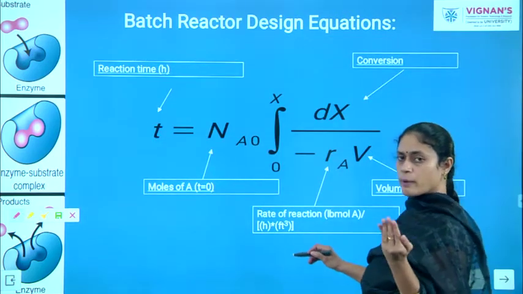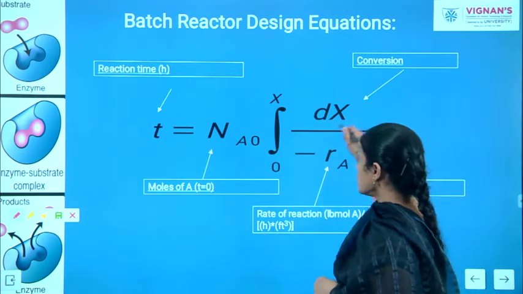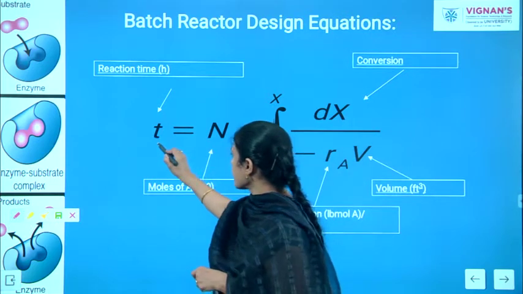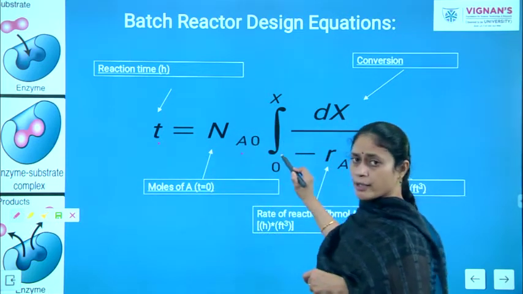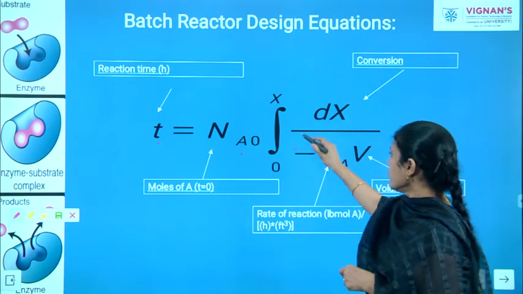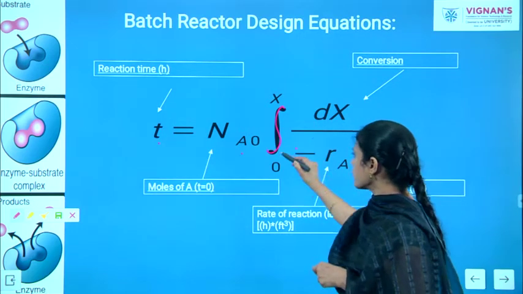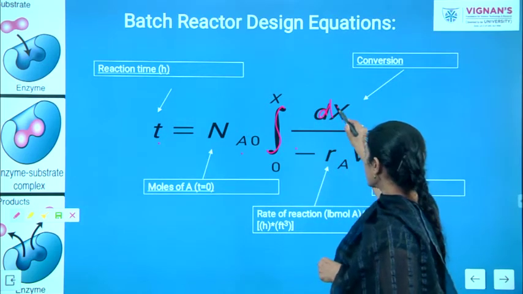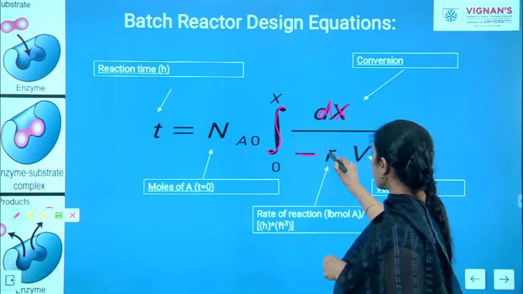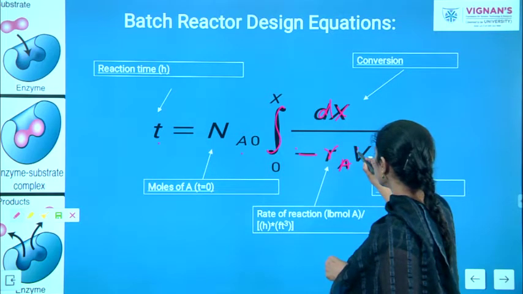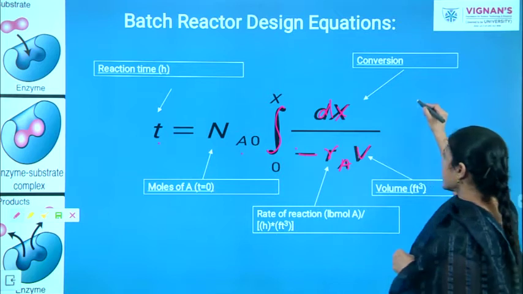Now, I want to elaborate your equation. See, t is equal to Na naught into, you are going for the integration of dX by minus Ra V. So, ultimately what you are getting?